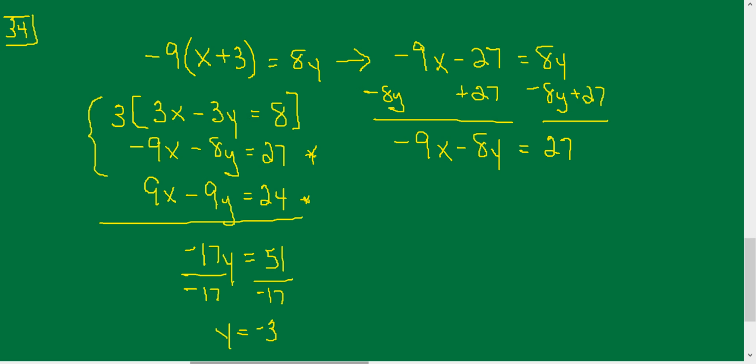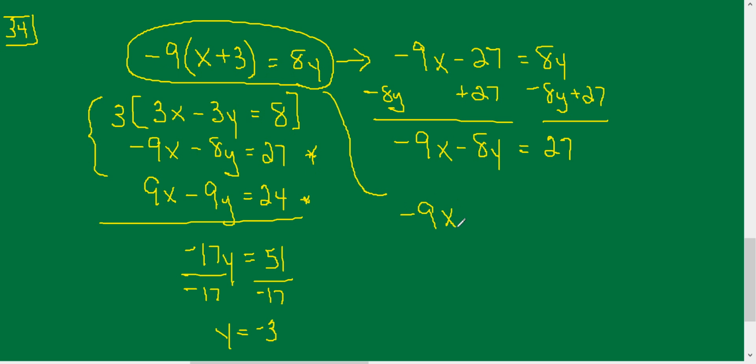All right, if y equals negative 3, I can come up to the top one or this one to solve it the rest of the way. All right, let's pick out this equation. Since I know what y is, let's bring it down here. I'm going to distribute that since I can see it clearly.